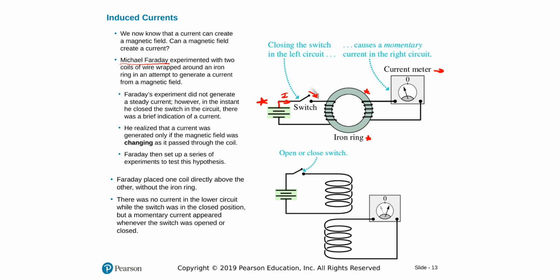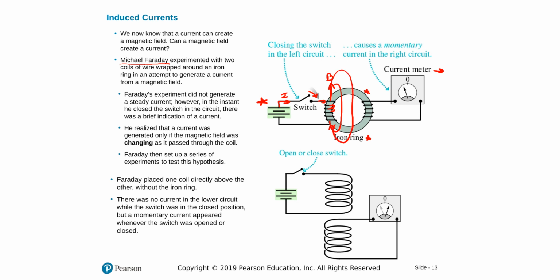We already learned that if we have loops here, with current passing in this fashion, we'll have a magnetic field, right? And that magnetic field will behave like a bar magnet. These are loops. We can also treat them as solenoids.